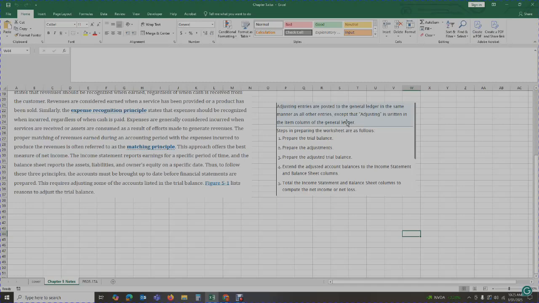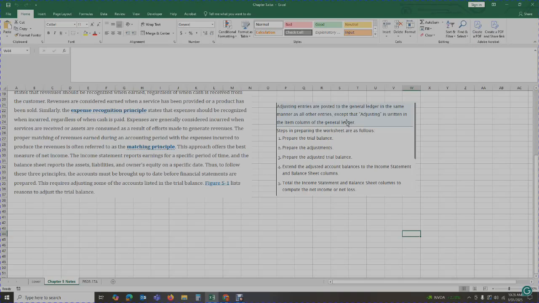The only difference is when we transfer the information from the journal to the general ledgers, in the item field, we will be writing the word adjusting because we do need to identify what kind of an entry this is. If it's left blank, it's a regular entry. In this case, we have adjusting entries, and then in future chapters, we're going to cover closing entries.